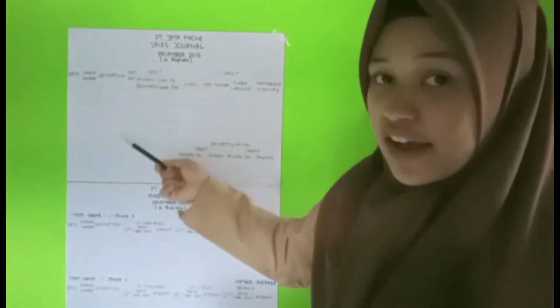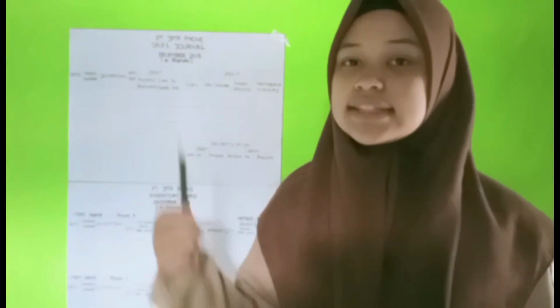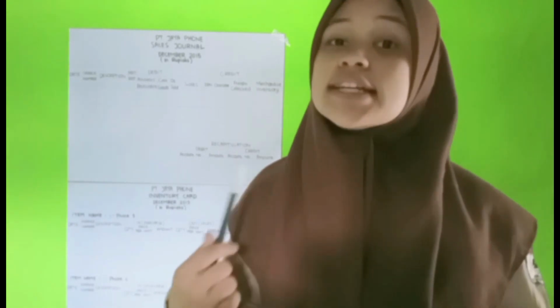Then post-ref: usually in the journal nothing is filled in, but in the general ledger it applies to recording the source of the amount balance.